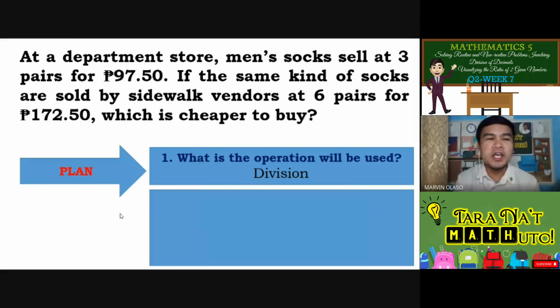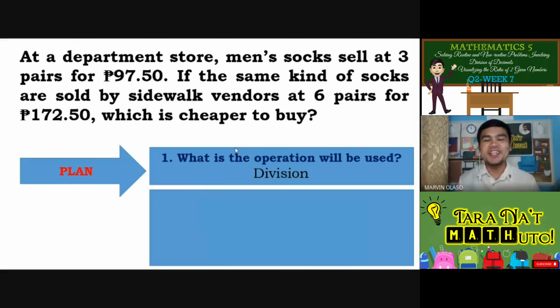We will do the same for the sidewalk vendors. If 6 pieces cost 172 pesos and 50 centavos, how much is one pair at the sidewalk vendors? That is the way we can compare. So, in order to get each pair, we need to use the operation of division.